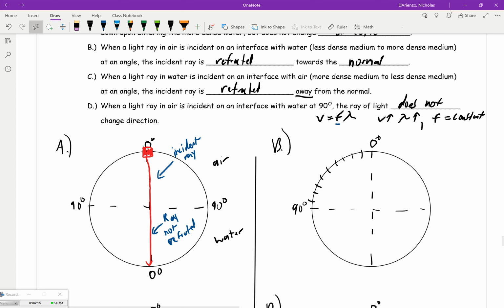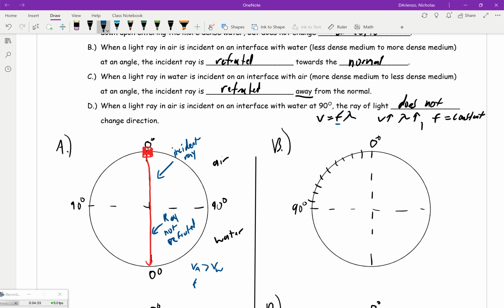So in this scenario that we just looked at, scenario A, the velocity of that light ray in air is greater than the velocity of the light ray in water.